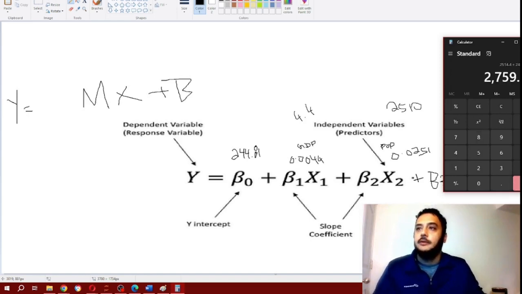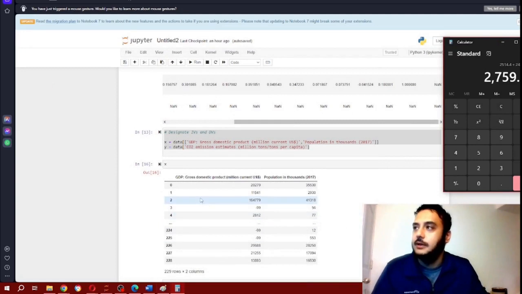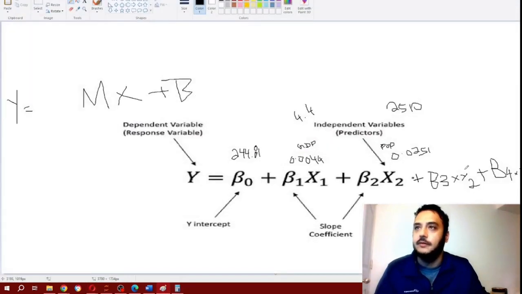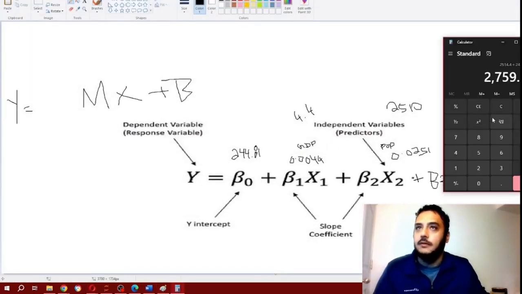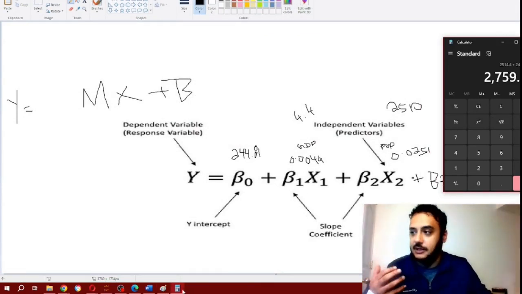There you go. So we are going to have a predicted dependent variable, carbon emission estimate, of 2,759. This is measured in millions.